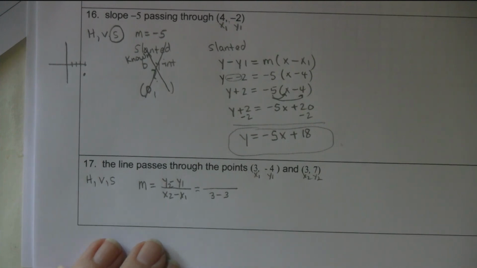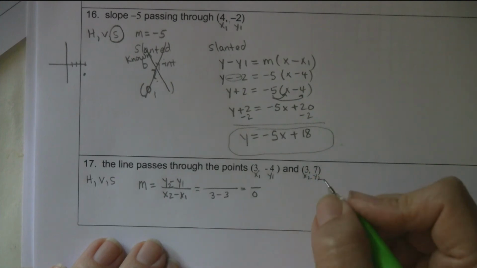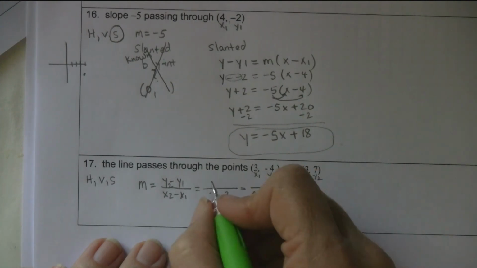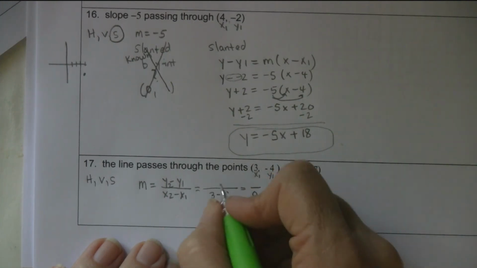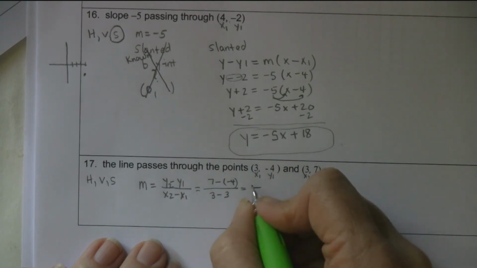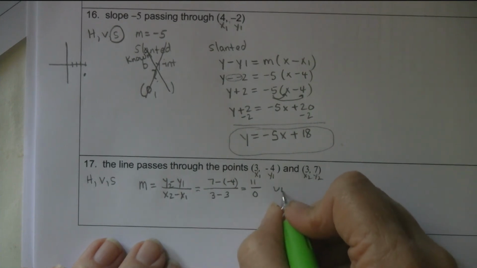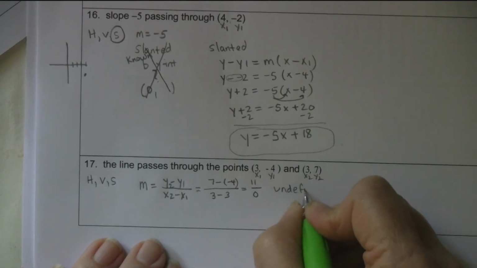The x's are the same, so that when I subtract them, I get a denominator that's 0. And my numerator is not 0. My numerator is 7 take away negative 4, which is 11, right? And so whatever number I had up there, this is still undefined.